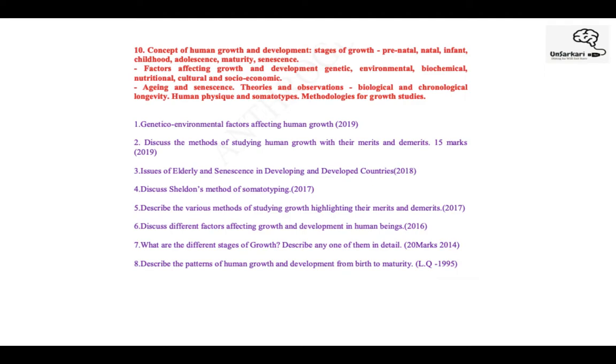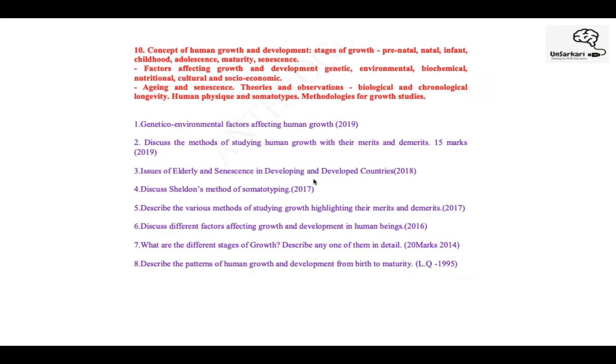Okay, look at the questions. Genetic and environmental factors which affect human growth. Methods of studying human growth with their merits and demerits. Fairly direct question. Issues of elderly and senescence. So aging and senescence are directly given here in developing and developed countries.